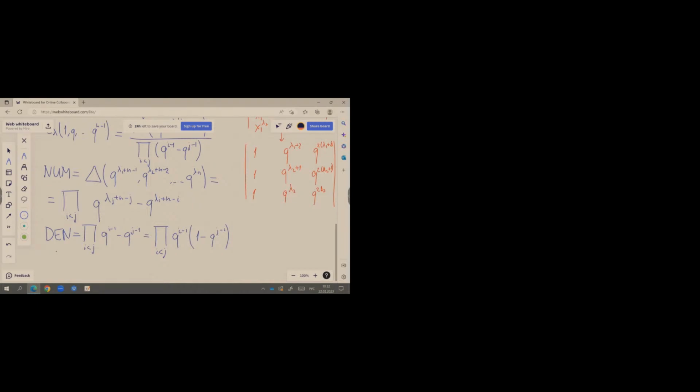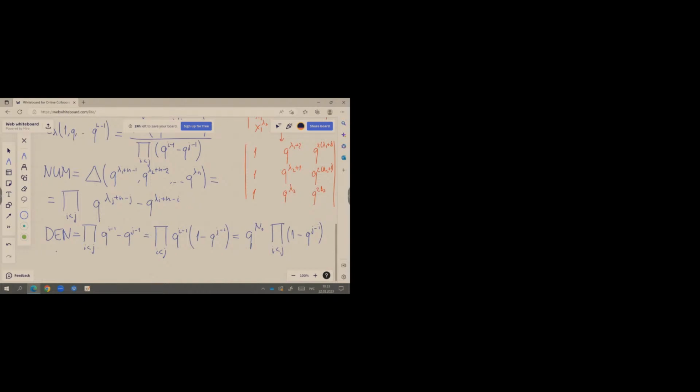Okay, so this is q to the power of some N naught, times the product of 1 minus q to the power j minus i for i less than j.